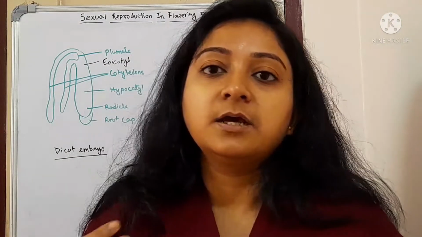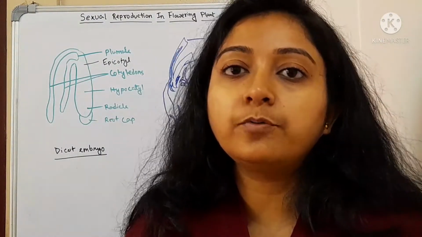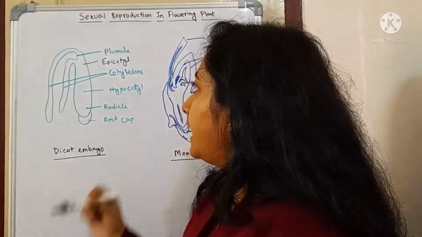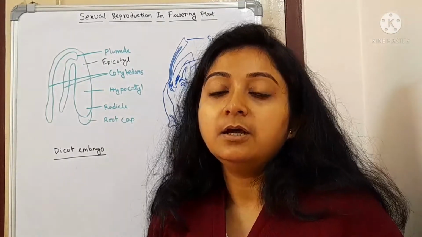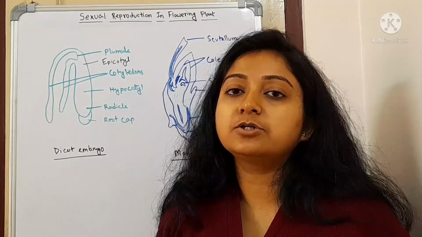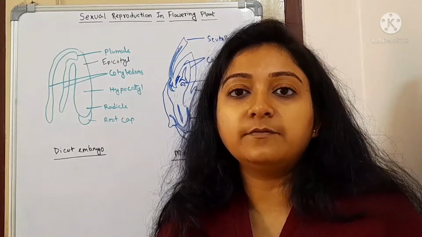The plumule is extremely important to give rise to the shoot, that is stem, leaves, everything will grow from the plumule region only, and the hypocotyl will give rise to the radicle. Radicle is also very important because from the radicle the roots will be developed.